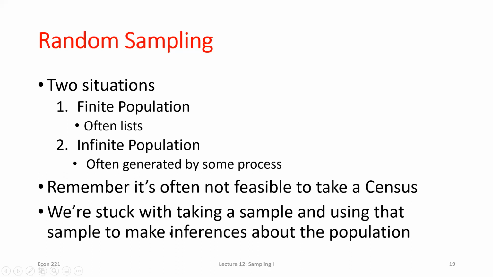So we're stuck with this process: I'll get sample data, look at the statistics that come from that sample data, and then make inferences about the population. That only works if my sample looks like my population. If I have a sample of only Ball State men's basketball players and I'm trying to look at the height of the whole population, I've got an issue. So how do I make sure that my sample looks a lot like my population?